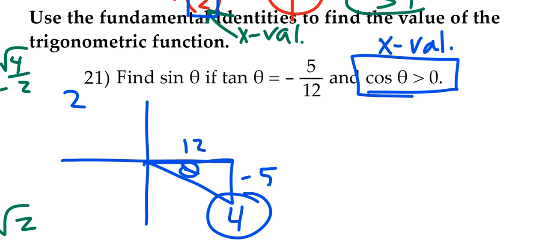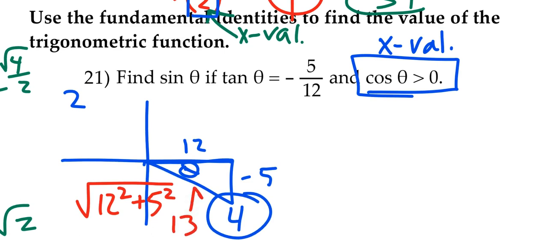The sine is not just -5. I know you want to say it's a y. It's the y value, but I need you to think about this. It's not a unit circle. You need to find the radius or the length of the hypotenuse. So, how do we do that? 12 squared plus 5 squared. All right. So, did we get 13?